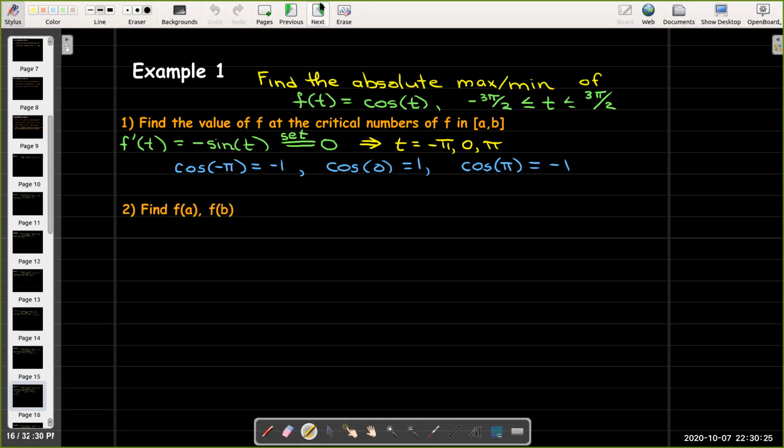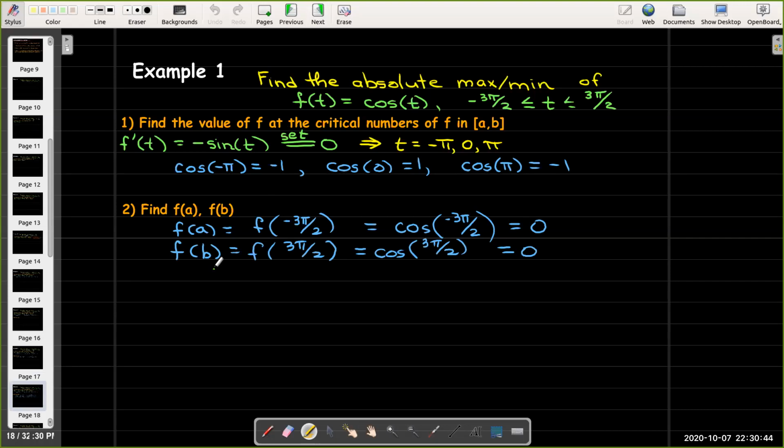Step 2 is to find the function values at the endpoints. So the function value at the left endpoint, which is negative 3 pi over 2, would be cosine of negative 3 pi over 2, which is 0.